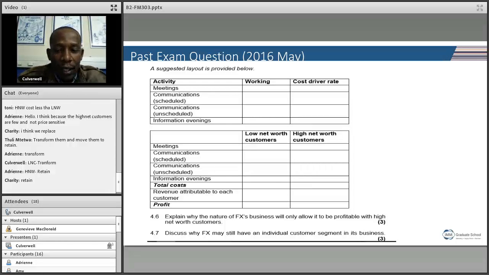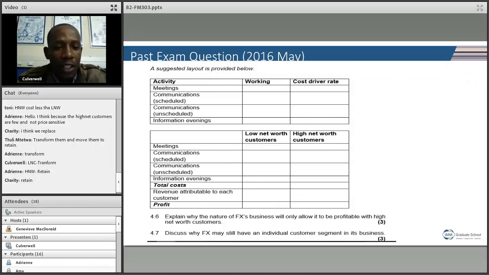As much as the low net worth customers were unprofitable, in actual fact we made losses out of them, you still need to tailor-make relationships with them, because you could be sitting with someone who is at 9 million. It's very possible that in the short term they'll have more than 11 million, and they'll need to be transferred to fall under the high net worth customers.